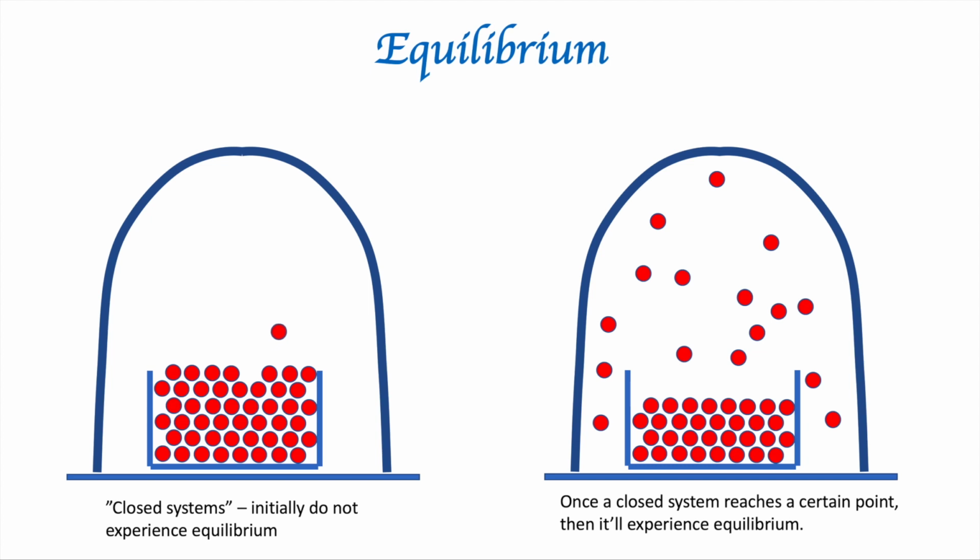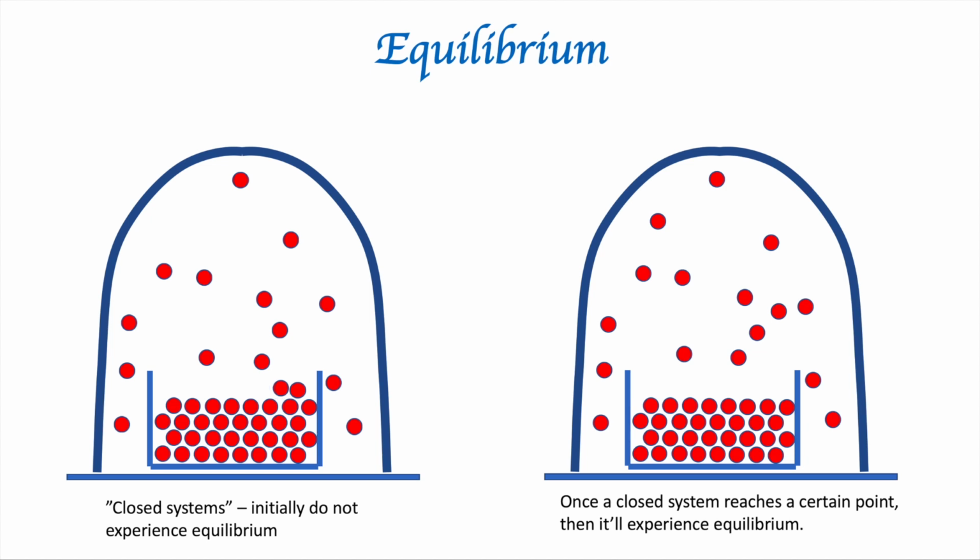Now, a closed system would be something like this. For example, if I have, again, water, and I put a jar over this, initially, in a closed system, it will not be in a state of equilibrium. The particles will be leaving, and eventually it should reach a point of equilibrium.